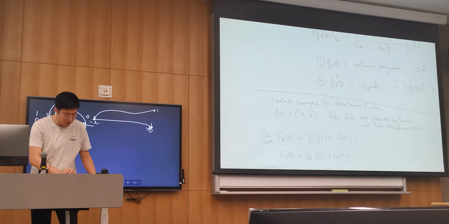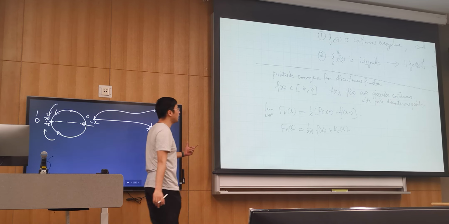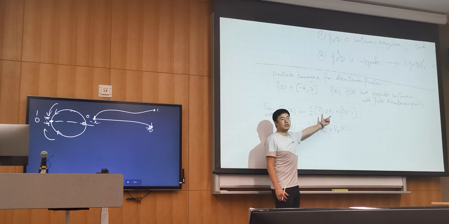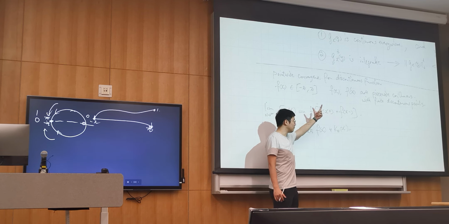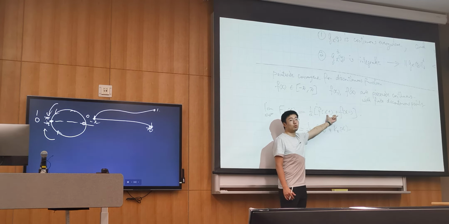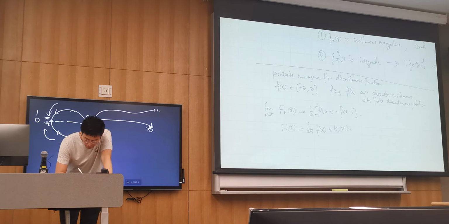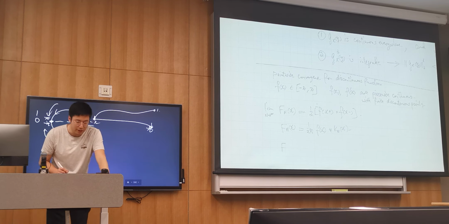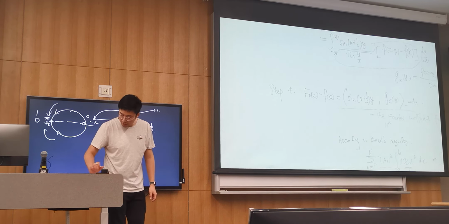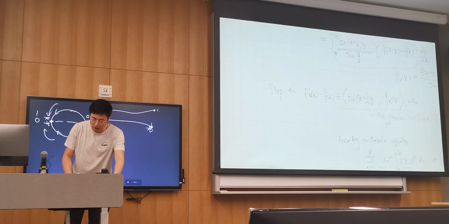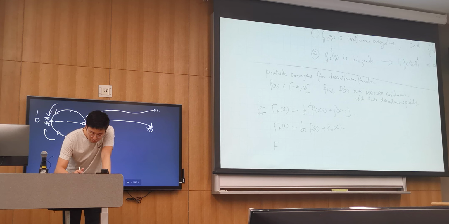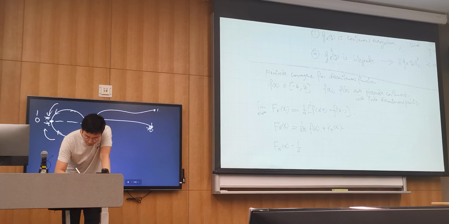Since our goal is to show that f_n(x) converges to the midpoint of the left limit and the right limit of f(x) at the point x, instead of being interested in the difference between f_n(x) and f(x), our interest turns to the difference between f_n(x) and the midpoint itself, 1/2 of f(x+) plus f(x-).